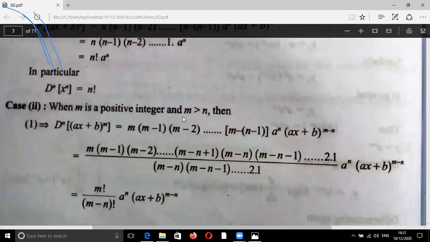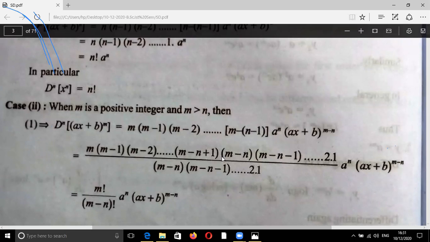Now m is a positive integer and m is greater than n. Already you have taken equation number 1, the same you are writing here. Now m into m minus 1, m minus 2 and so on to m minus n plus 1, and if you subtract 1, you will get m minus n, m minus n minus 1, so on to 2, 1, into a to the power n, the remaining is the same.